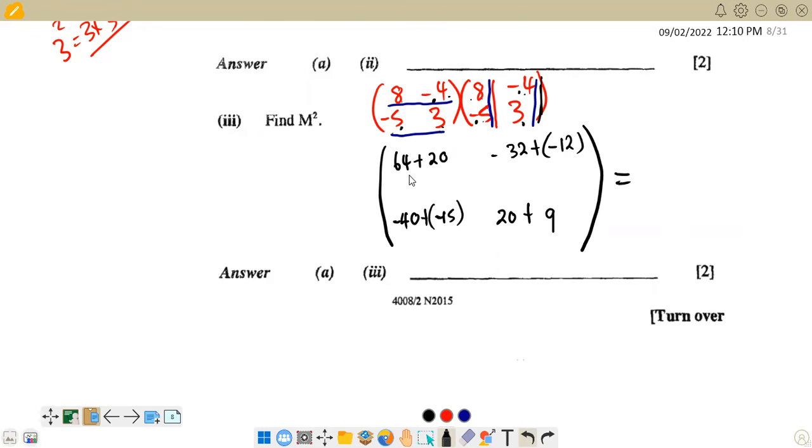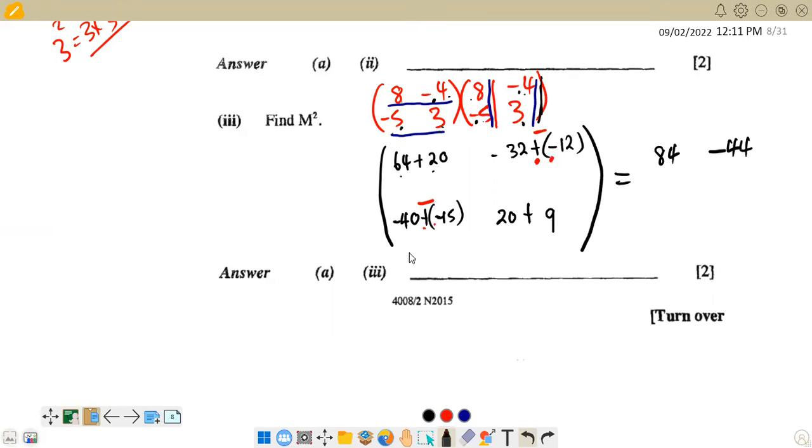So you can combine everything. 64 plus 20 is 84, so you put 84. -32 plus -12: this is a plus and a minus, so we're going to have a negative. It's -32 - 12, which is -44. Also, you've got the same thing, plus and minus, that's a negative.